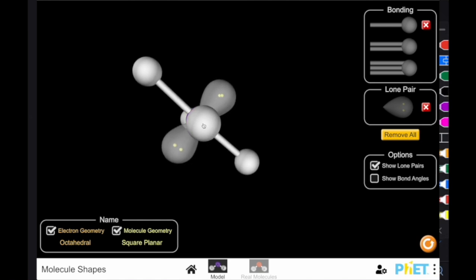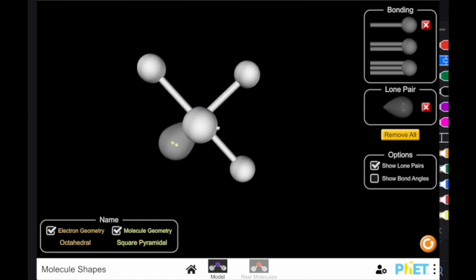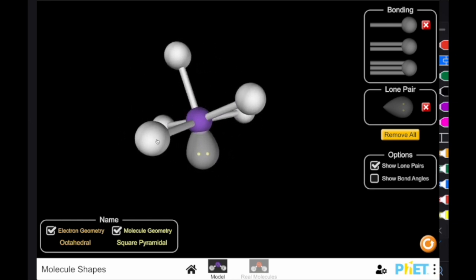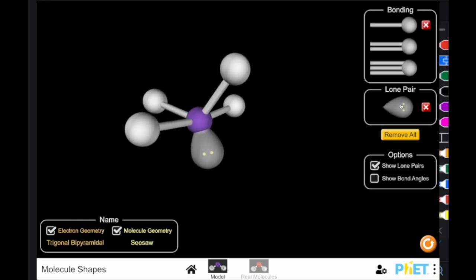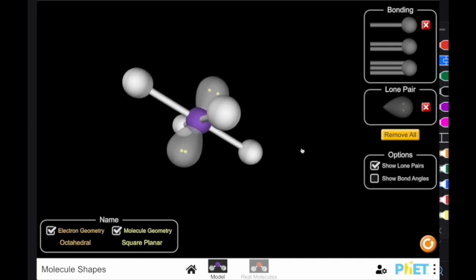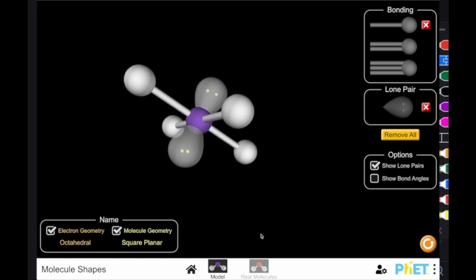Well, I didn't this time, but it naturally will position itself opposite. This is the way that you can get 2 lone pairs in the most stable configuration when your electron geometry is octahedral, when the steric number is 6. So play around with that if it helps you visualize things. I think it's a really useful tool, and now you know where it is.